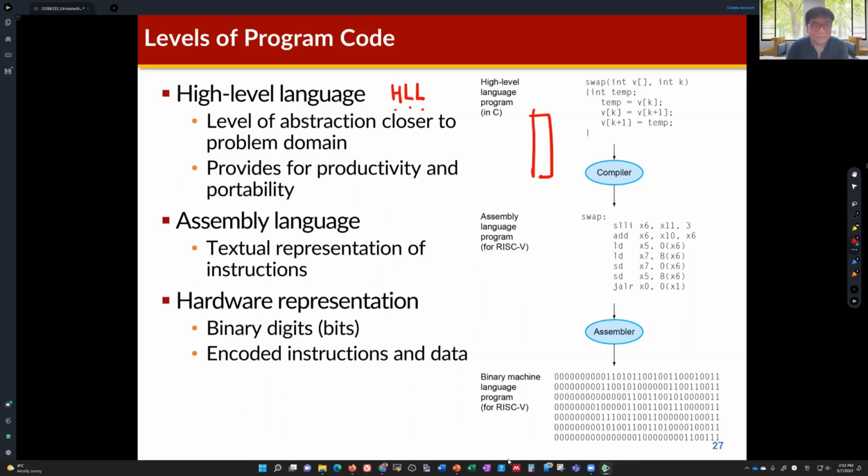So that means we can easily understand Python, the syntax of Python, or C, or some other languages such as Swift, Go, Java, Perl, different languages. Why? These languages are very similar to our natural languages.